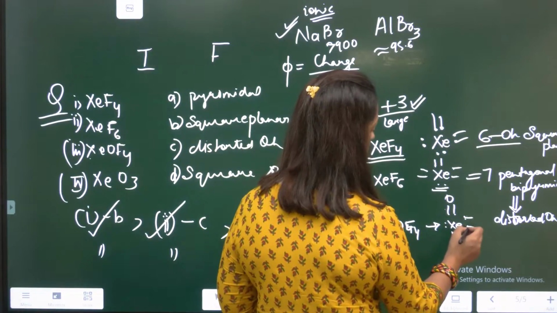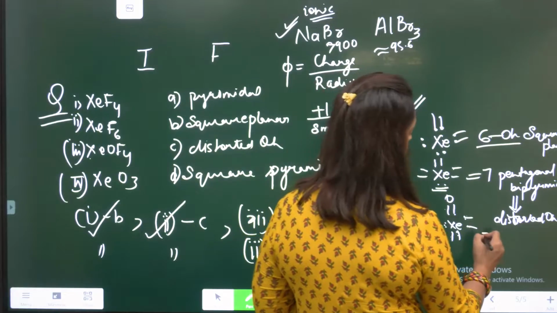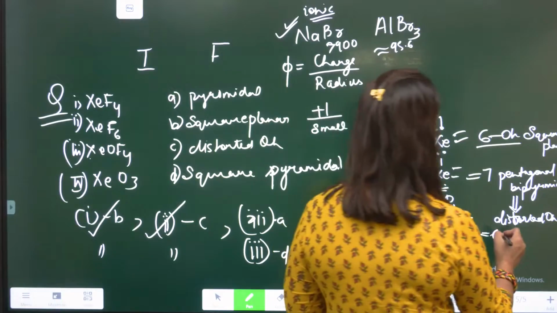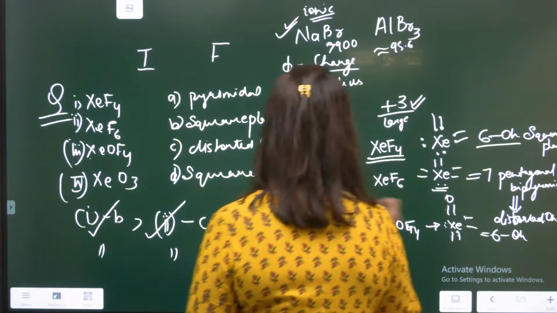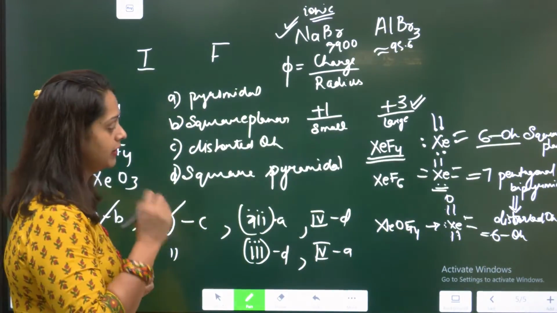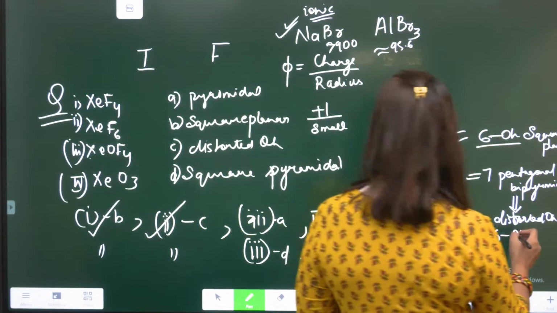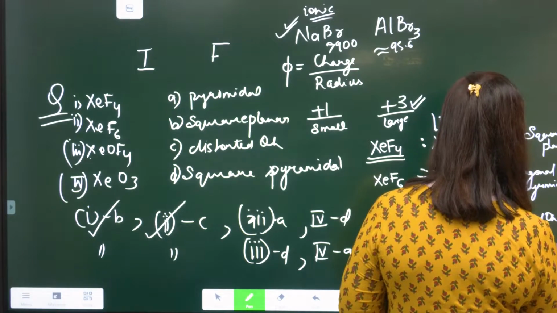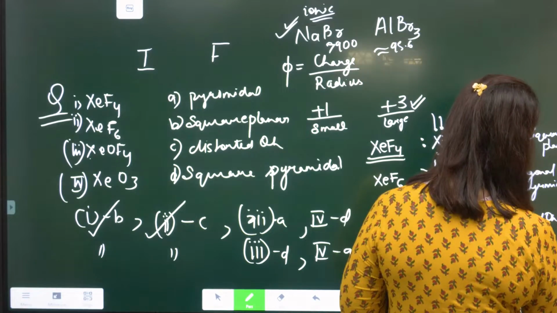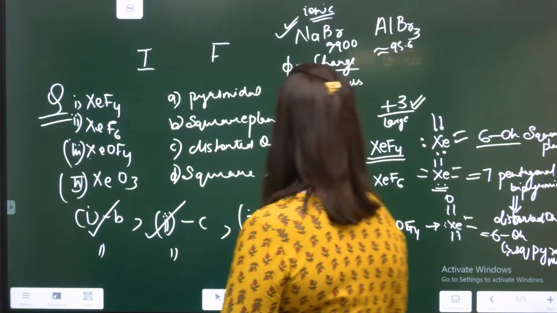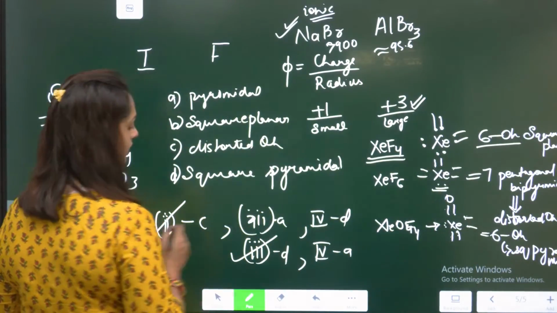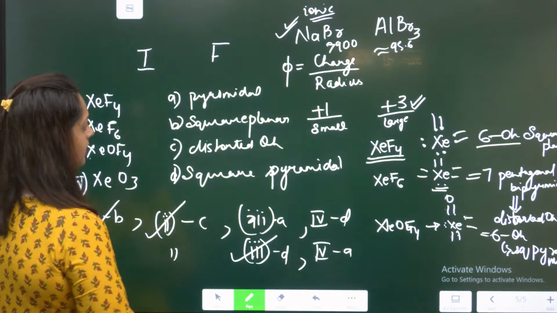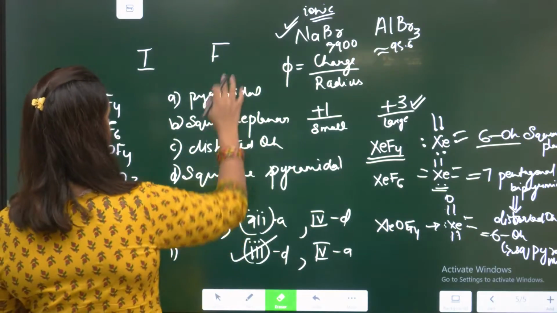So that means 1, 2, 3, 4, 5, 6. 6 is the number I am going to get over here. 6 is octahedral, and out of which one will be occupied by the lone pair, so it becomes square pyramidal. Clear? So which one is right? Third with D. Now fourth with A, that is pyramidal structure. I'm doing it over here.